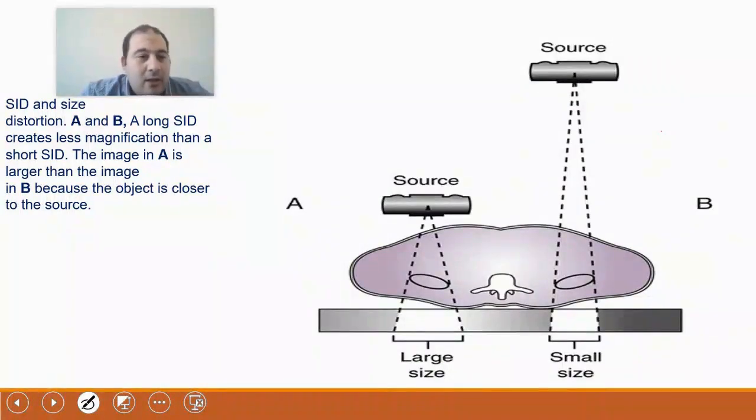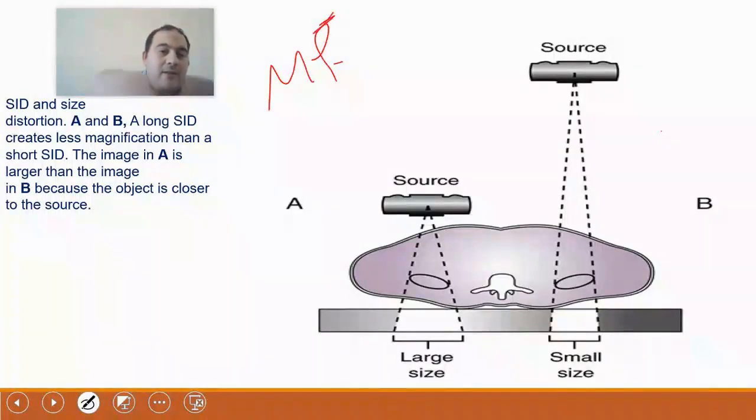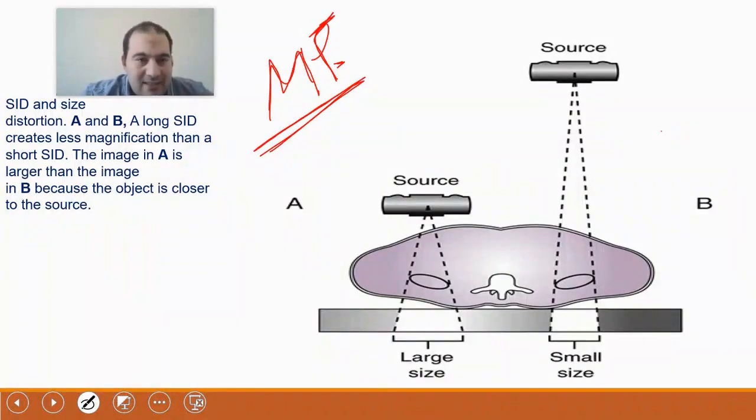This magnification is the enlargement of the size of the object that appears. This magnification, as you may know, has something called the magnification factor. The magnification factor is what we call zoom. This zoom can have some post-processing effects, but the magnification related to the imaging acquisition itself is the magnification factor.